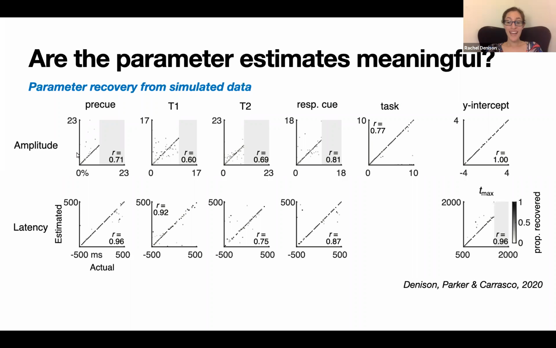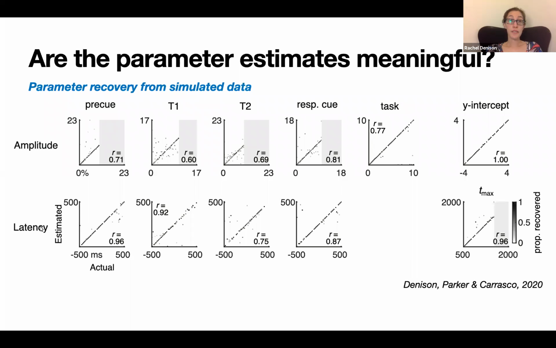So a solid diagonal with a correlation value of 1 would indicate perfect parameter recovery here. And each subplot corresponds to each parameter in this model. So parameter recovery was overall quite good, but there were some important differences among parameters. So the timing parameters tended to have better model recovery.